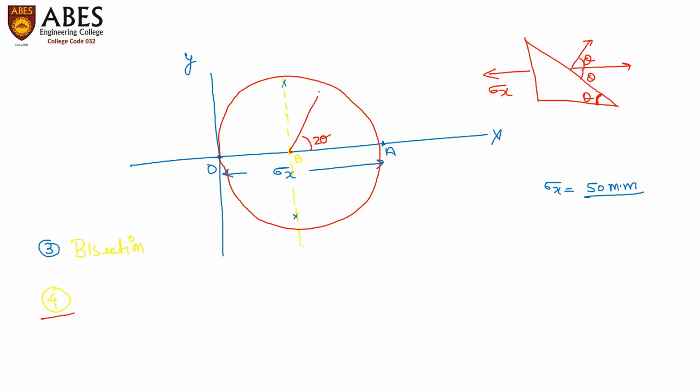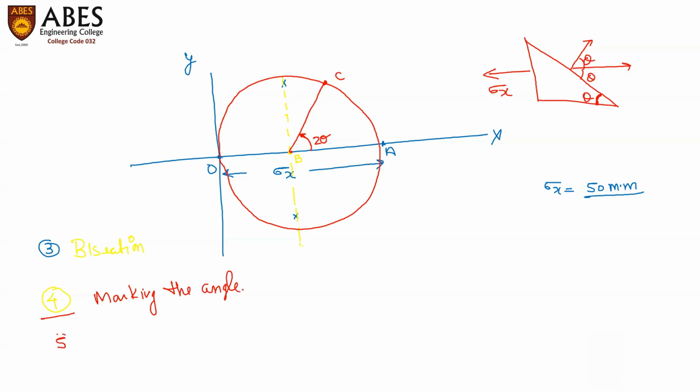Draw a line with the marking angle 2 theta in anti-clockwise direction. That line intersects this circle at point C. Now, step 4 is marking the angle.